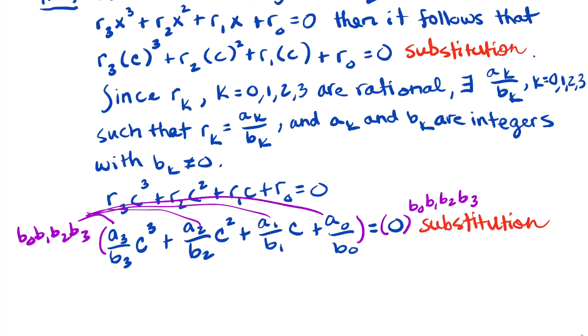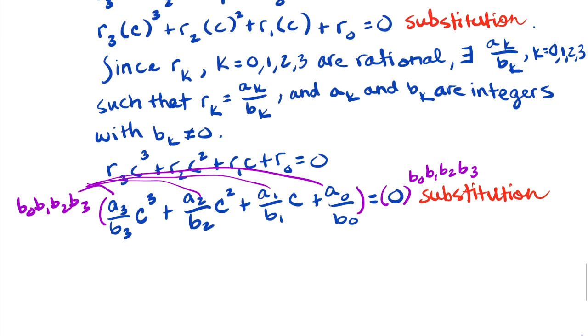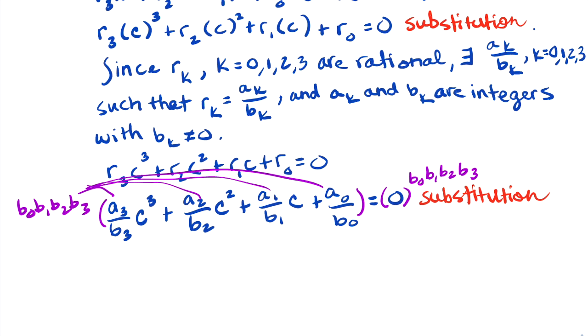And so each time one of the factors of b will divide out. So in the first case, it's what? Perfect. It's going to be the b3 that would divide out. So we would have a3 times b0, b1, b2, and then that would be times our c cubed. Plus, what would we have? Perfect.